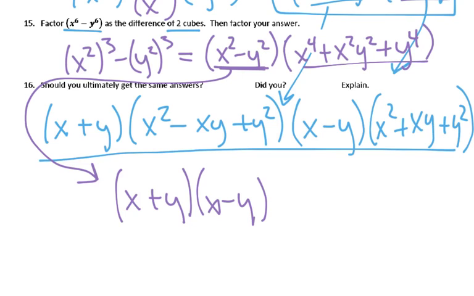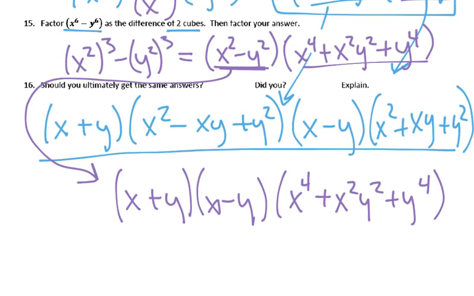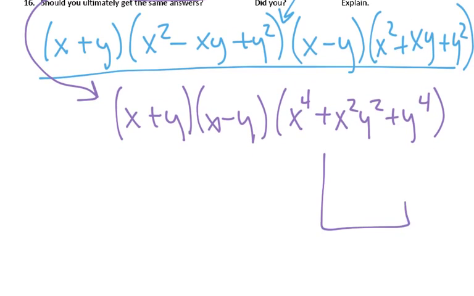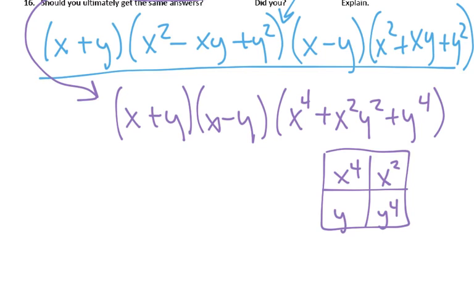This one, can we factor that out? Okay. So, kind of looking at that box method, I guess, we'd have x to the fourth, y to the fourth, x squared, y squared.